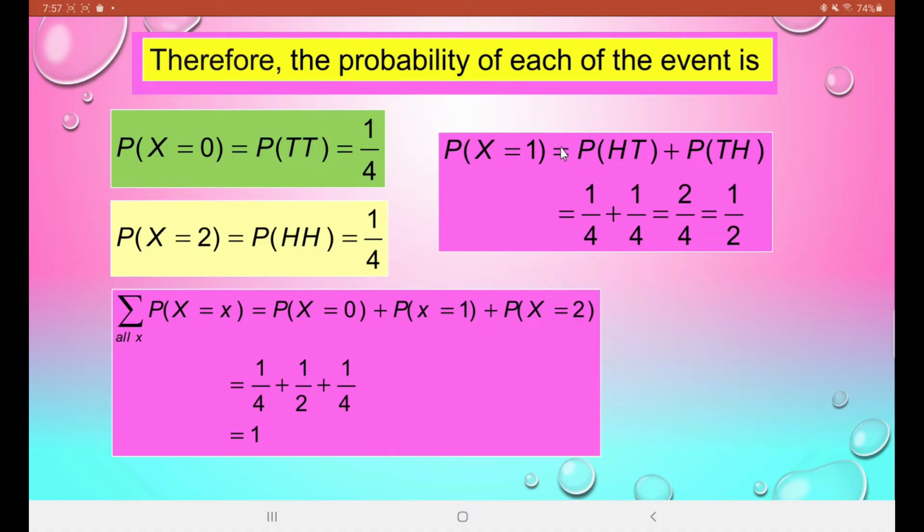The probability of getting 1 head is P(HT) plus P(TH) equals 1 over 2. And the probability of getting 2 heads is P(HH) equals 1 over 4. The sum of all the probabilities is equal to 1.